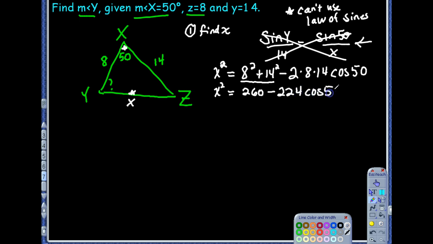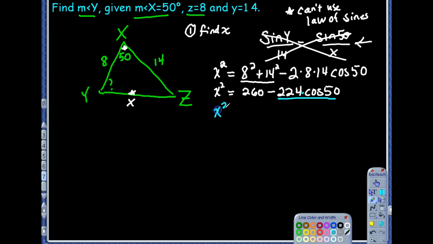Then if this was me, I would do 224 cosine of 50, and then take 260 minus that. But you could probably at this step just type 260 minus 224 cosine 50, because your calculator is programmed to do order of operations. So it's not going to do 260 minus 224 until it does the multiplication first.